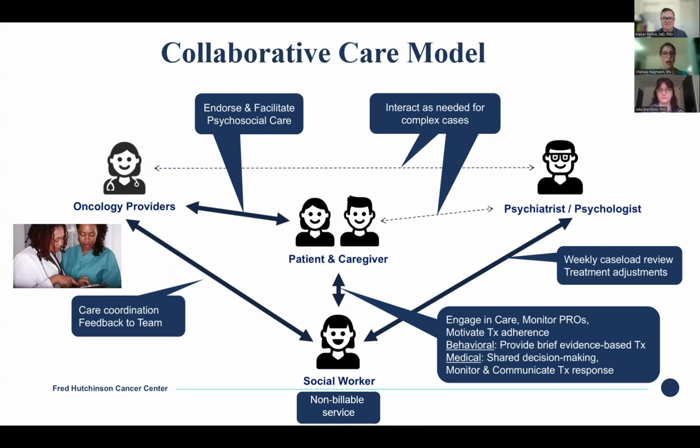That can look a lot of different ways. You as the patient or the caregiver can reach out directly and ask for the support, and we're going to talk about some tools to help empower you to do that. Or you can reach out to social work directly, and they can reach out to the provider through psychiatry or psychology for support. So we really try to lower the barrier to getting additional resources from a psychiatry and mental health standpoint.